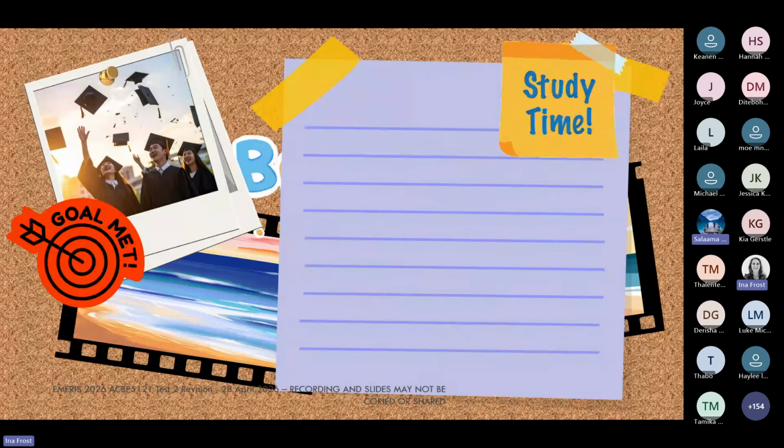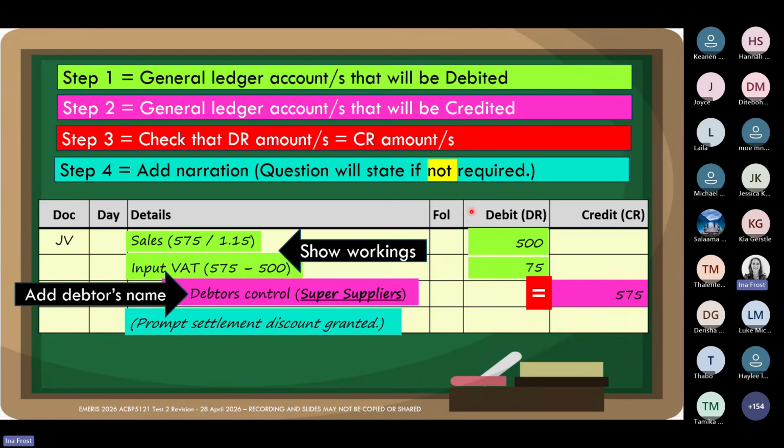So the student is asking, do we need to write anything over here in the folio column? For the general journal, you can ignore the folio column. You'll see later when Salama and I talk about the general ledger, there it's really important. But in the general journal, you may ignore the folio column.